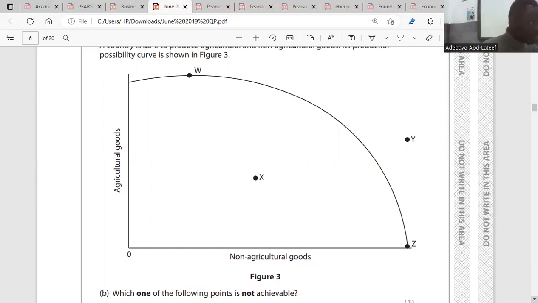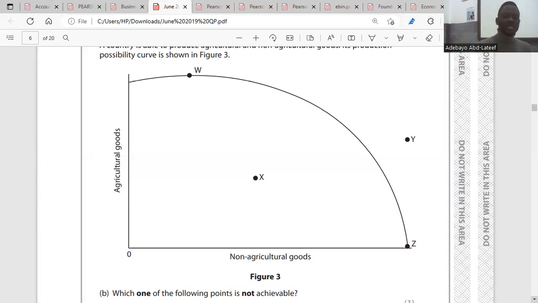At point W, it means that the economy is producing more of agricultural goods, less of non-agricultural goods. At point Z, it means that the economy is producing more of non-agricultural goods and producing none of agricultural goods. I think that is clear. Yes. So it's still within the economy.